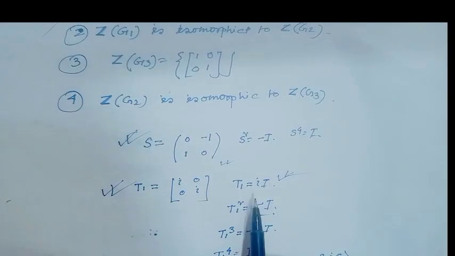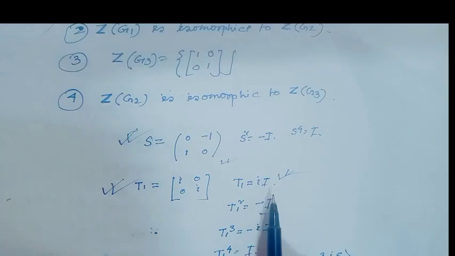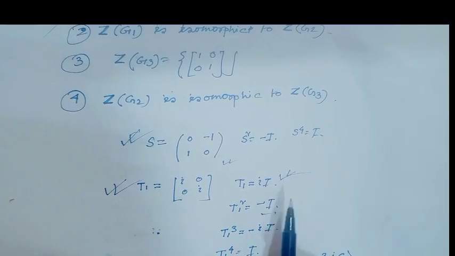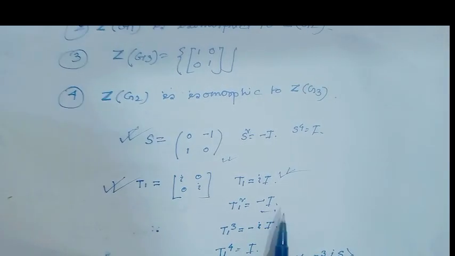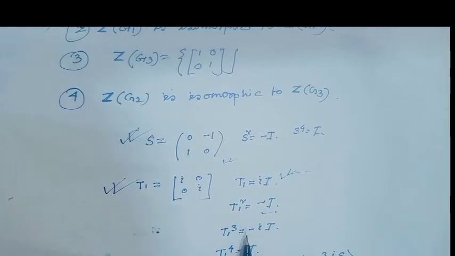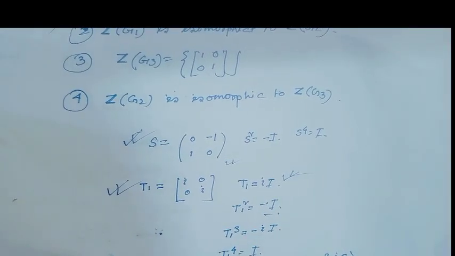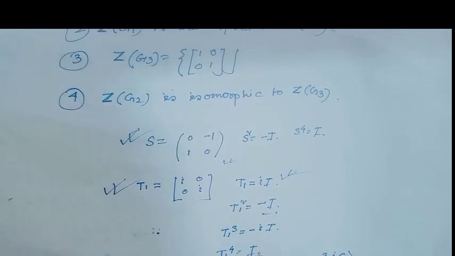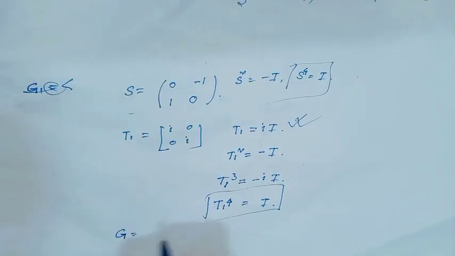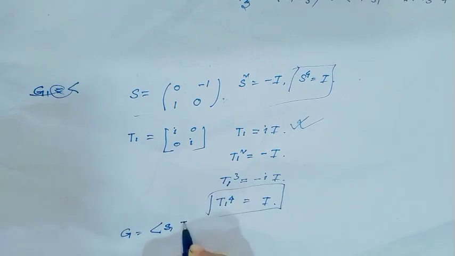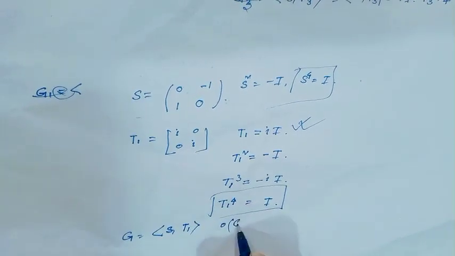And notice a very interesting thing: T1 equals i times identity, T1 square equals minus identity, T1 cubed equals minus i times identity, and T1 to the power 4 equals identity. That means G1, which is generated by S, T1, has order 8.